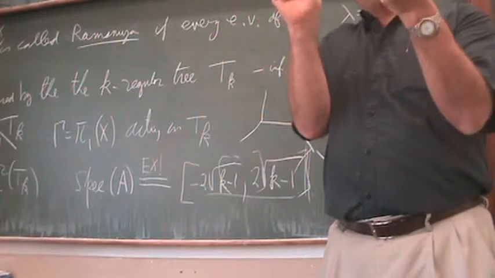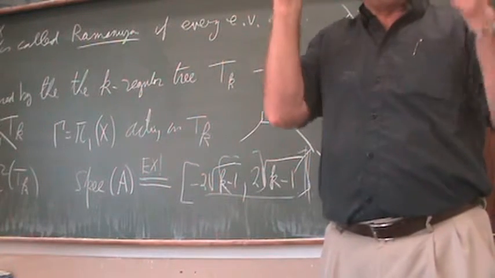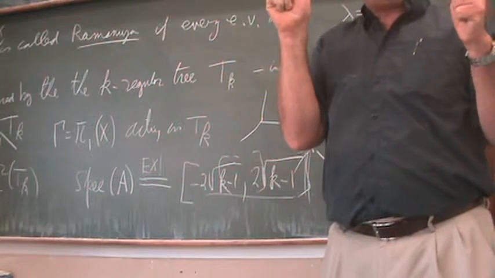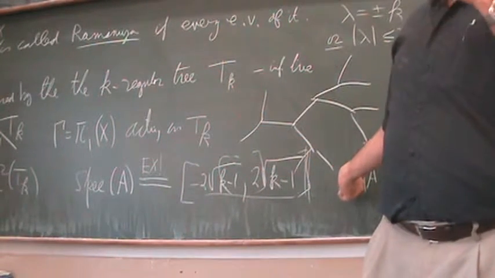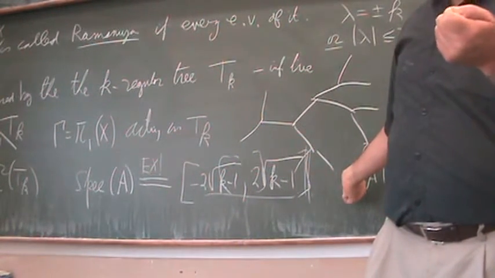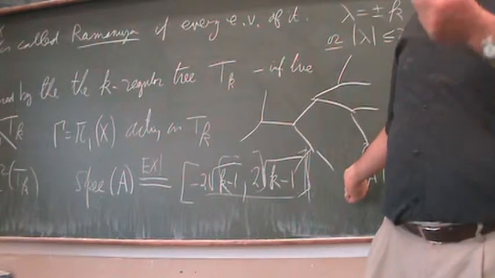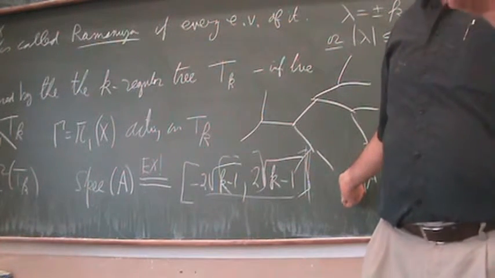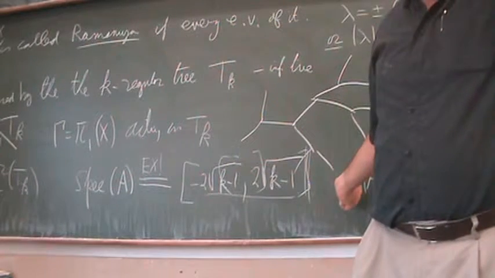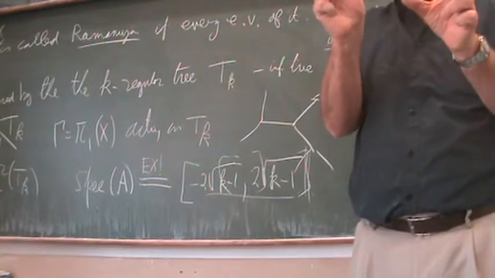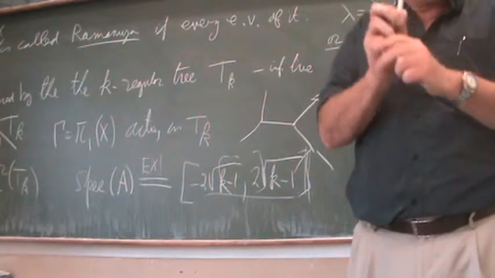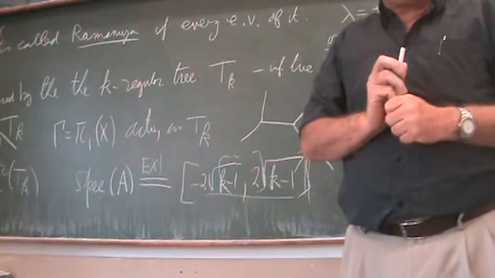So you can give two different definitions of Ramanujan. One is that all eigenvalues are bounded by the norm of the adjacency operator on L2 of the tree. Or you can say that you are really inside the spectrum, which would be a stronger property.